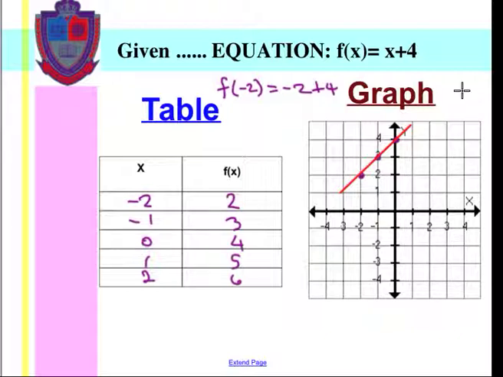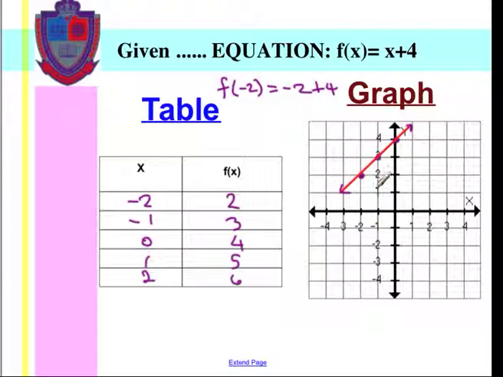Perfect. And remember, one thing that I forgot to put on this graph is an arrow at both ends, meaning it goes on. So remember, f of x equals x plus 4, that's a linear equation, so I'll get a straight line. So this is one way of an equation, table, and graph.